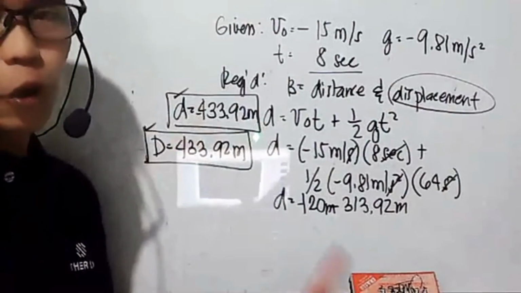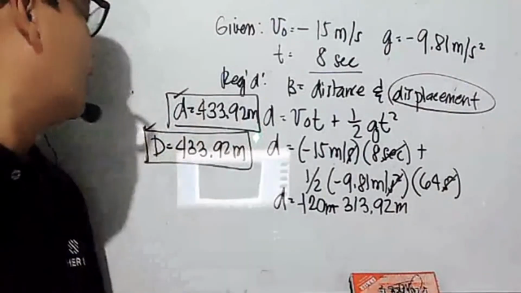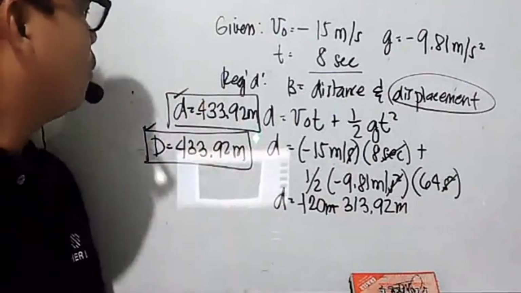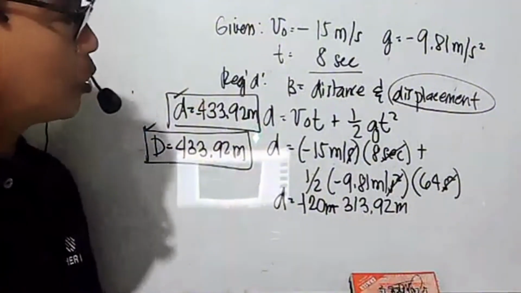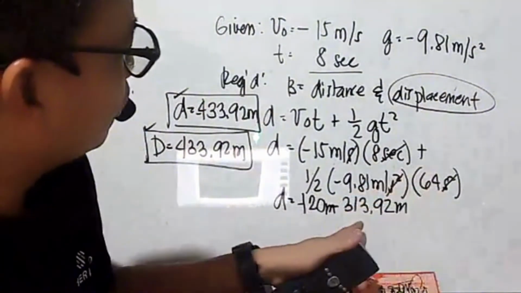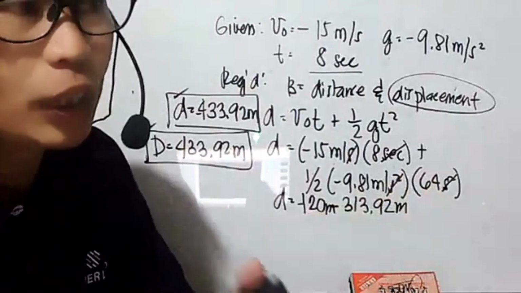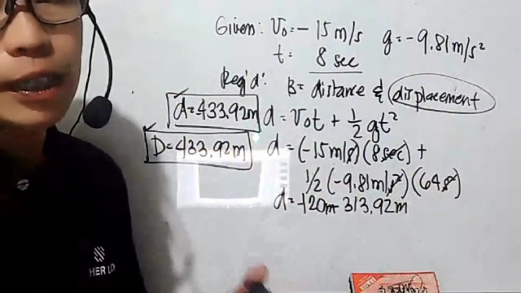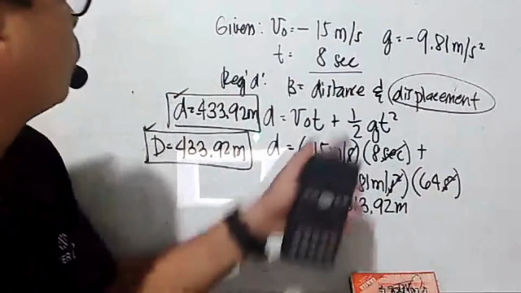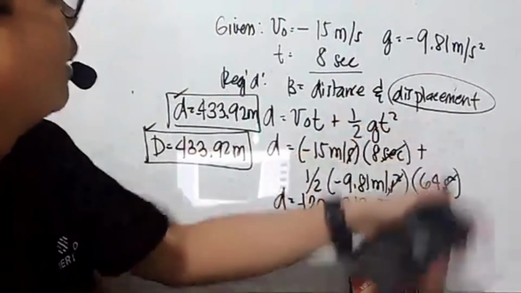So negative means it is going down. But the distance traveled is 433.92 meters. You can see in the unit analysis that what should be left is only meters, the unit of distance. So we solved for the distance and the displacement.